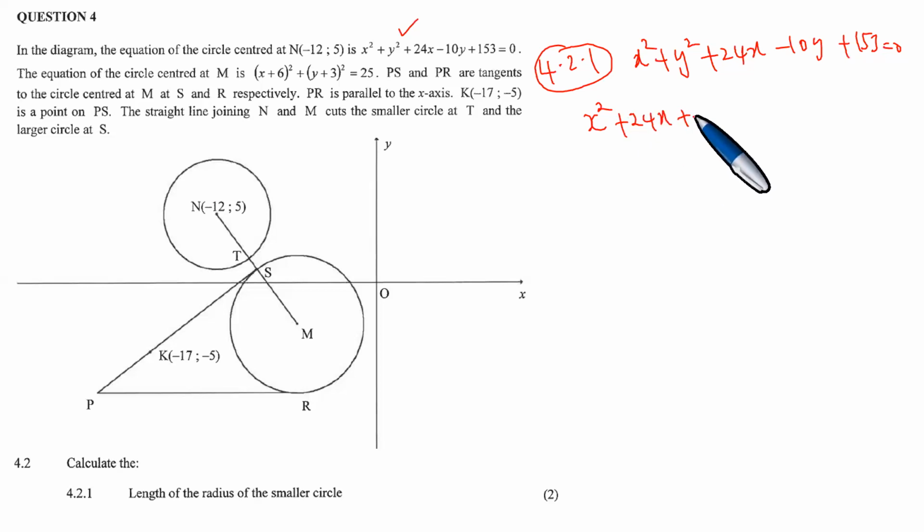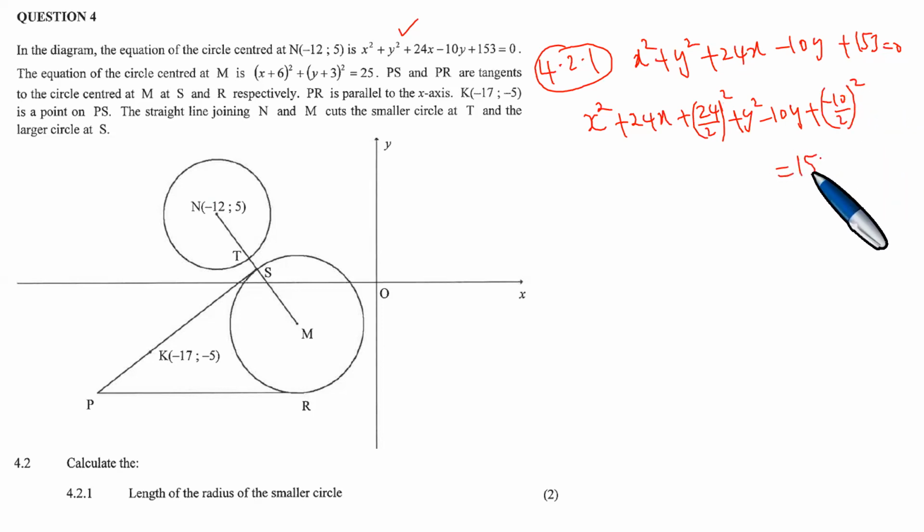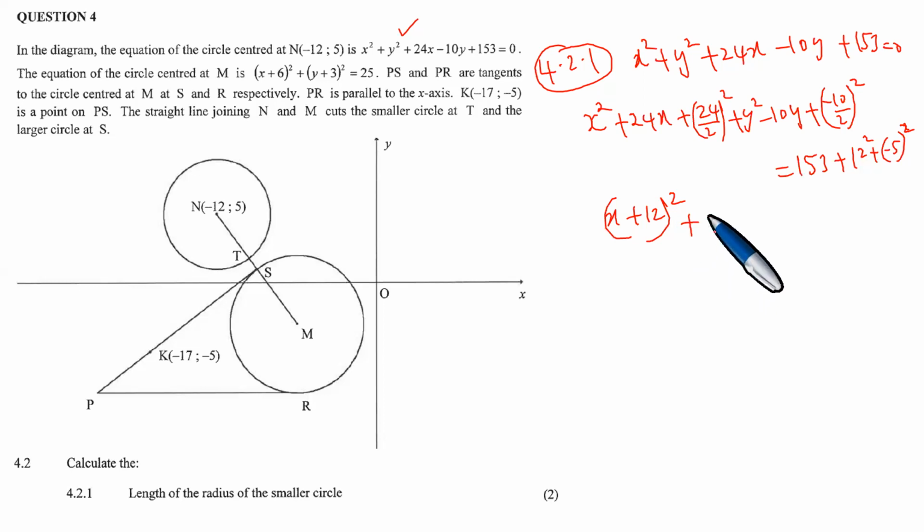You take half of 24, which is 12. Then y squared minus 10y, half of minus 10 is minus 5. So it is (x plus 12) squared plus (y minus 5) squared equals minus 153 plus 12 squared plus minus 5 squared.